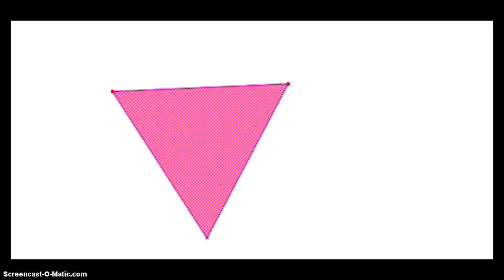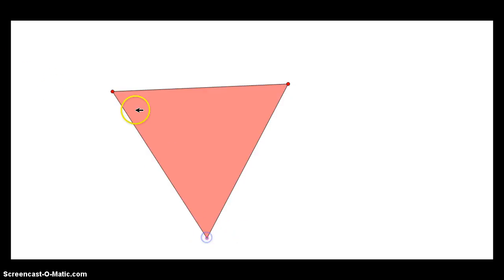Okay, so I'm going to start just keeping it basic, making an equiangular triangle. I could verify that it's equiangular. I could measure all my angles. So this angle here is 60. Do the same thing here. Measure 60. Yep.